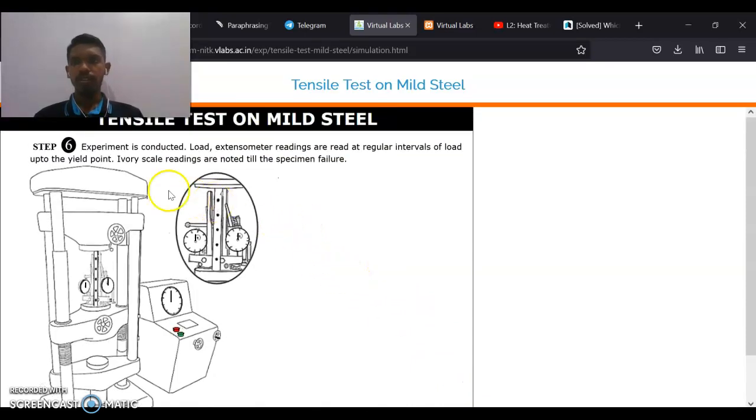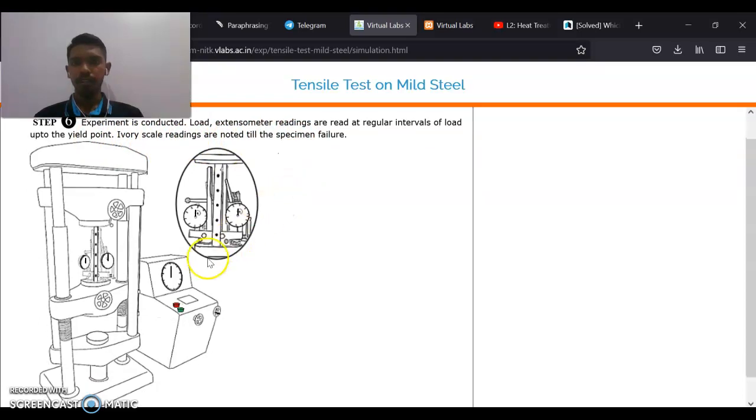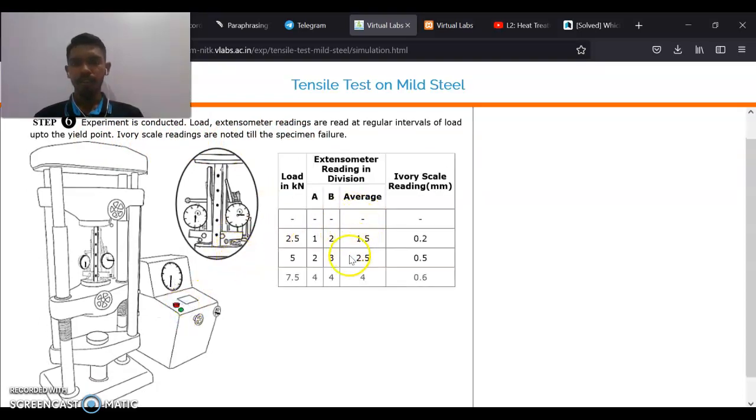So for the sixth step, experiment is conducted. Load extensometer readings are read at regular intervals of load up to the yield point. Ivory scale readings are noted till the specimen's failure. So these are the readings.